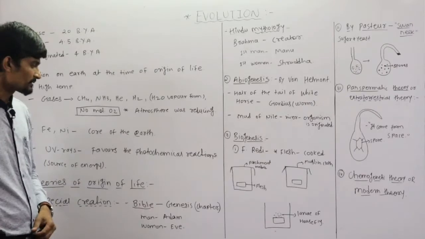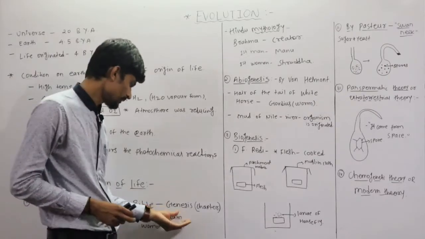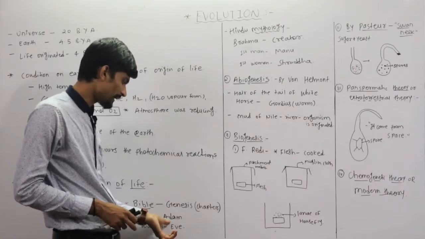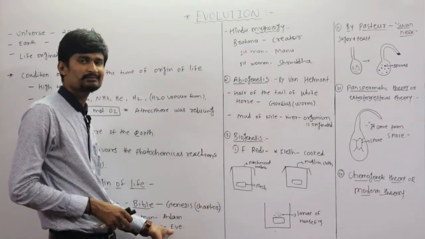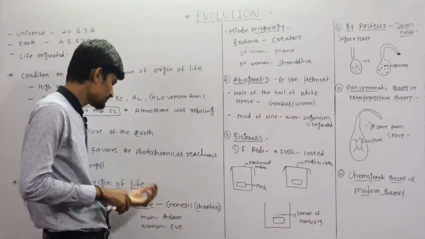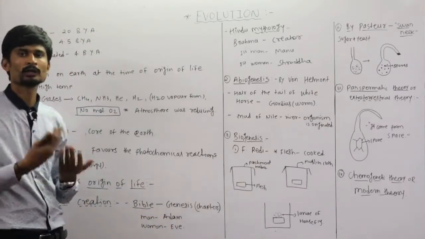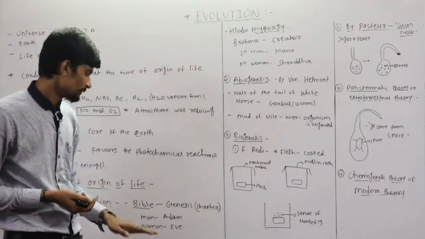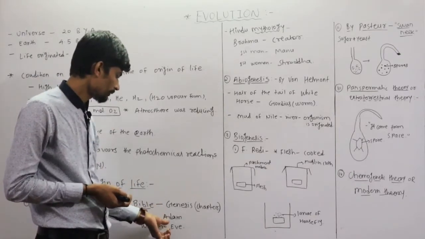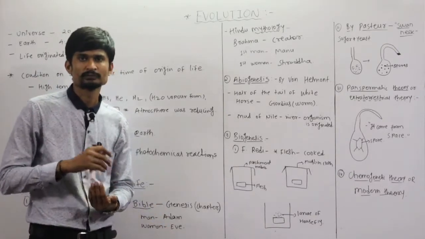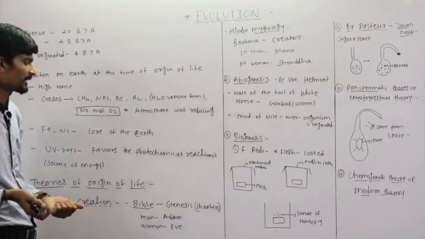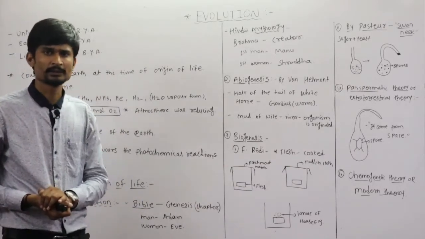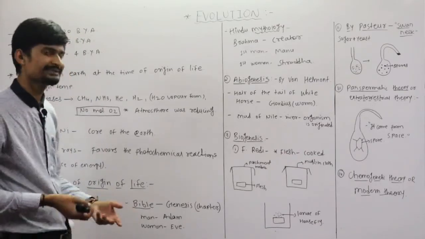In the Genesis chapter of the Bible, it says that the first man is Adam and the first woman is Eve. From Adam and Eve the whole world is formed. So the first male is Adam and the first female is Eve, according to the Bible. So these are some religious theories.